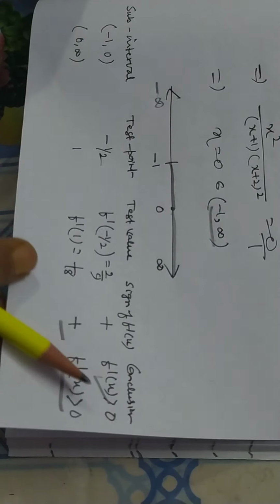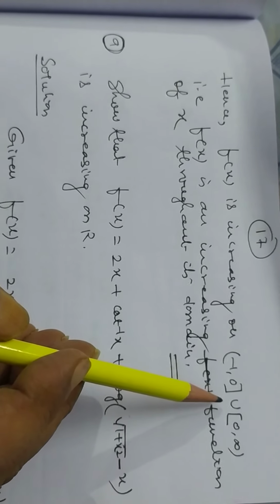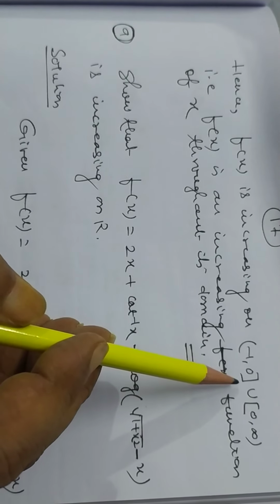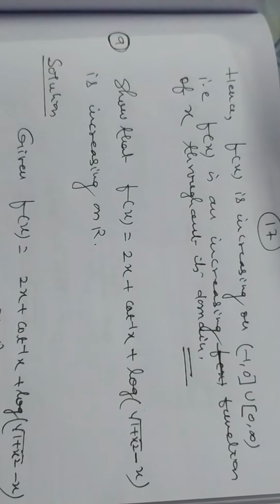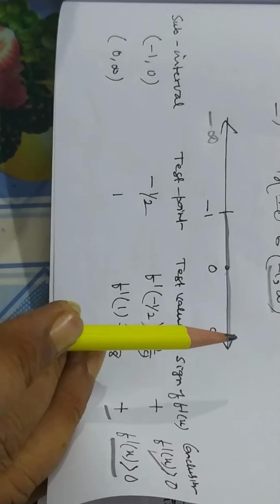So what do we observe? We observe that hence f(x) is increasing on the closed interval minus 1 to 0, and the closed interval 0 to infinity.